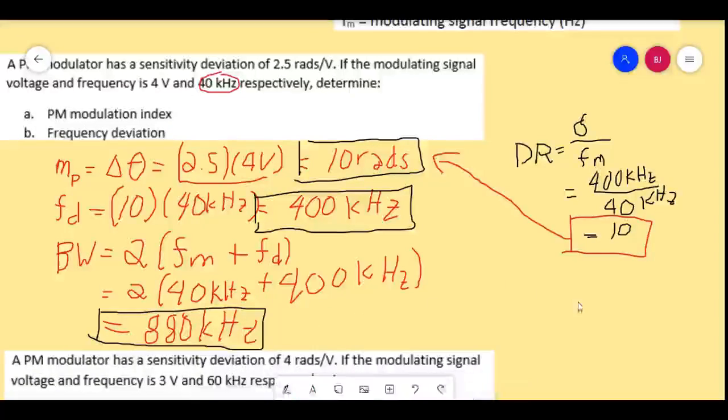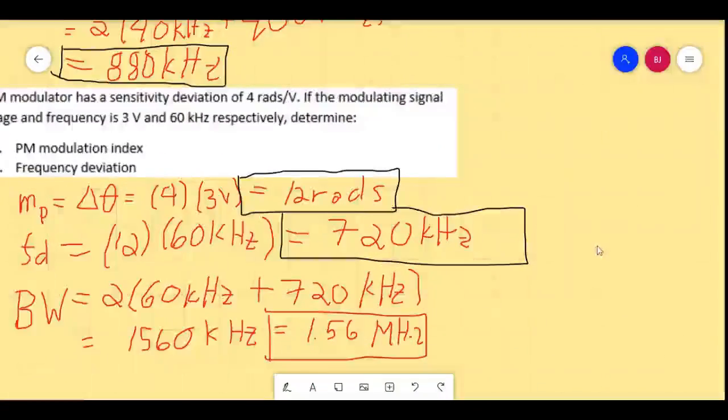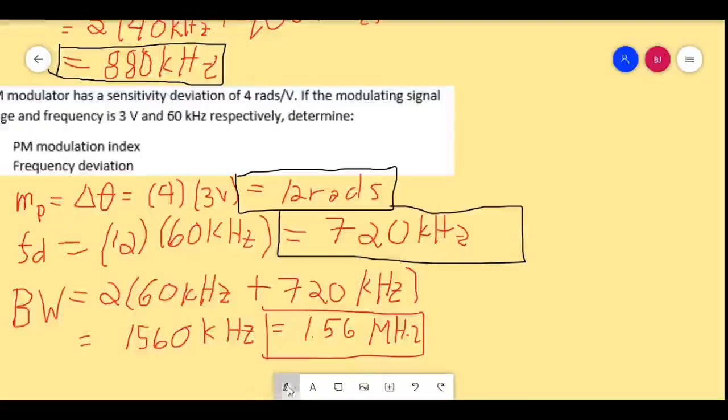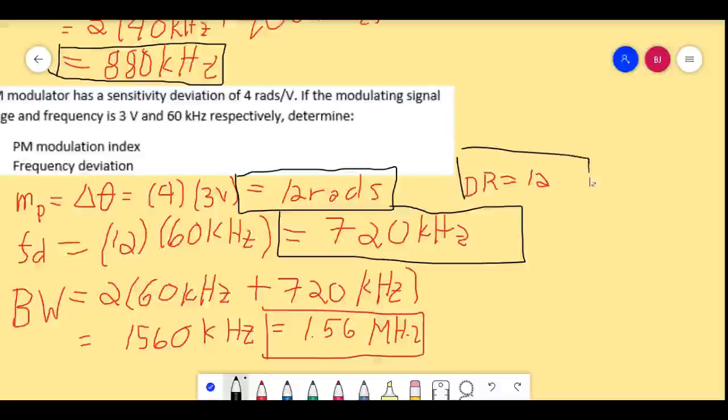With that knowledge, you could surmise that this 12 here, our deviation ratio, is actually 720 kilohertz divided by 60, which is equal to 12.